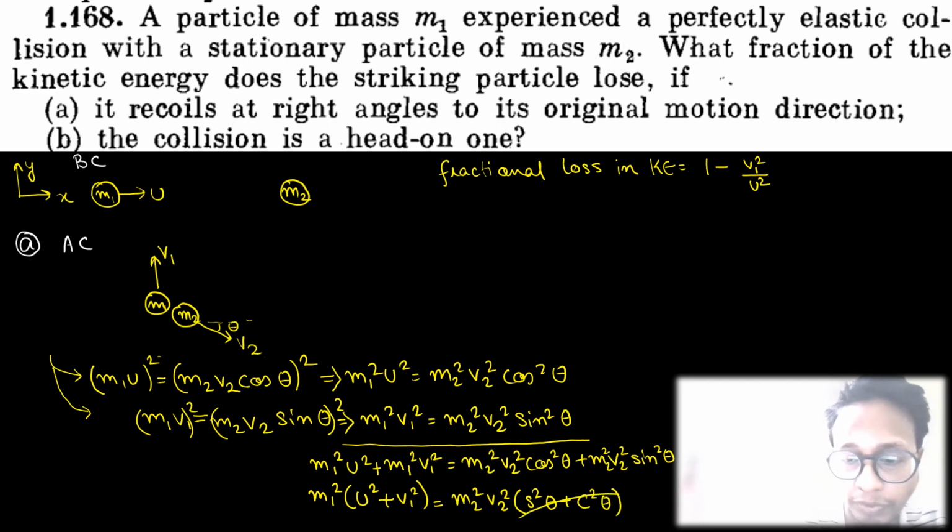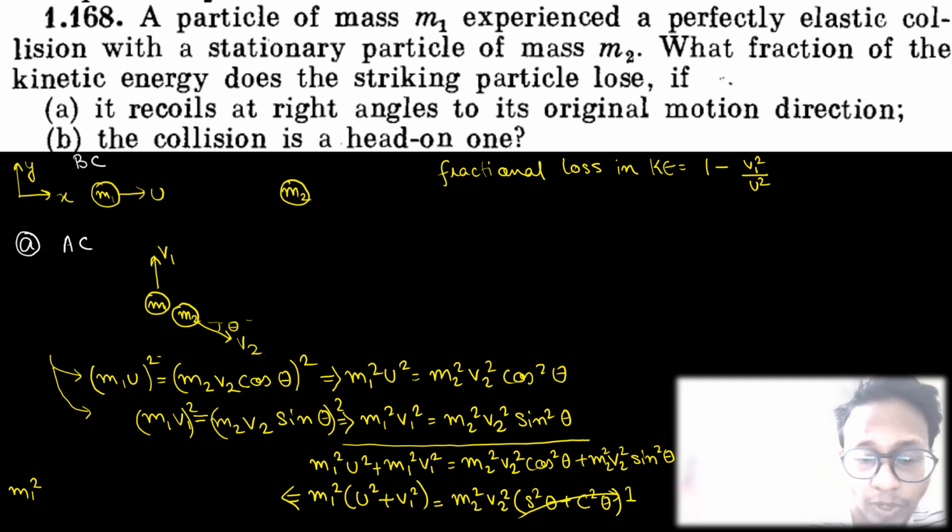This equals 1, because we know that sin square theta plus cos square theta is equal to 1. So our entire equation from conservation of momentum comes out to be this value.